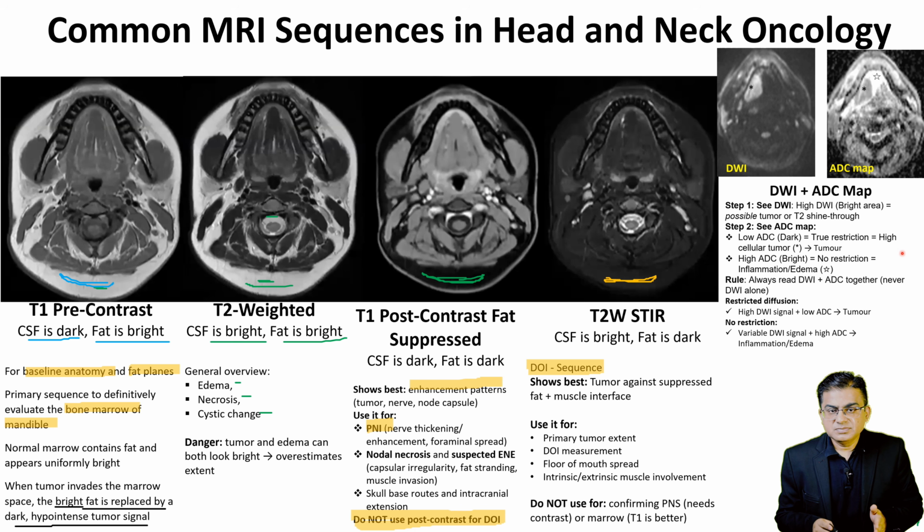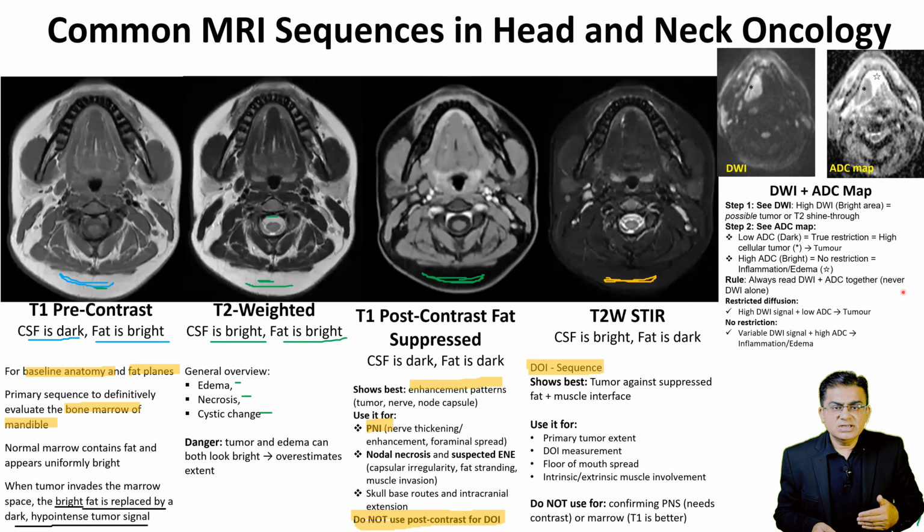That matters because in oral cancer, the main confusion on MRI is often, is this a true tumor or is this edema or inflammation or post biopsy change? So what is DWI? Diffusion weighted imaging. It is not a tumor sequence. It is a water motion sequence.